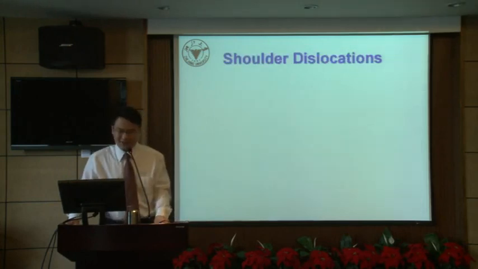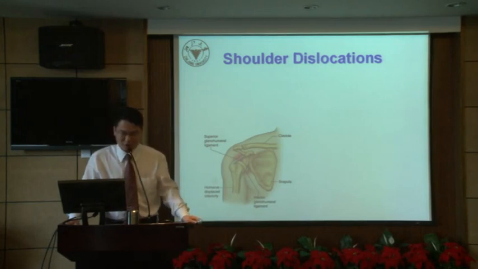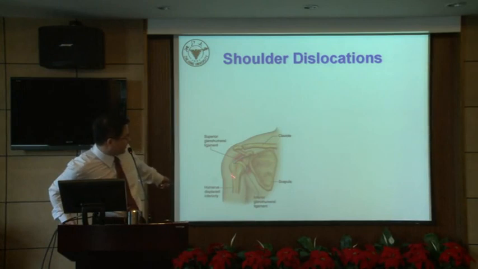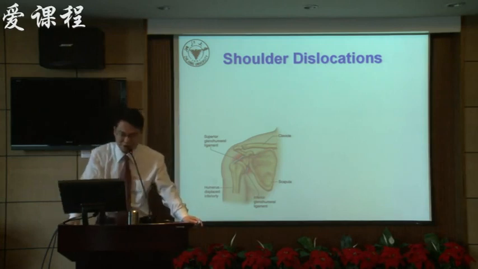Okay, let's shift to another topic, which is shoulder dislocation. Here is an image of a normal shoulder. The shoulder, this area, has a humeral head and a glenoid of the scapula, and there are soft tissues surrounding the shoulder.